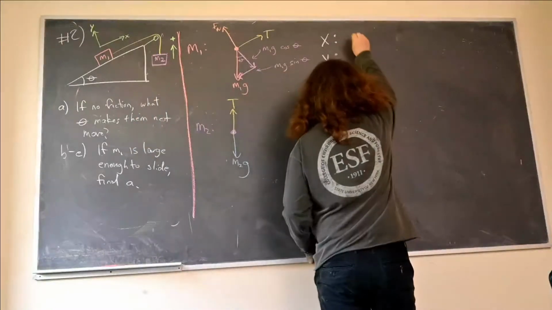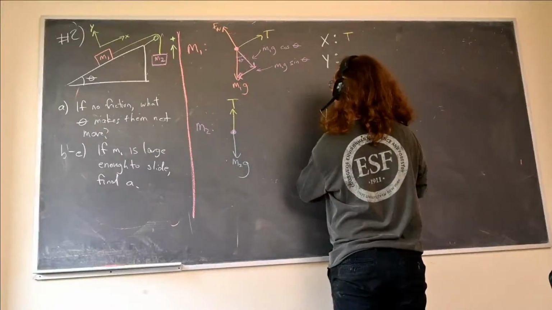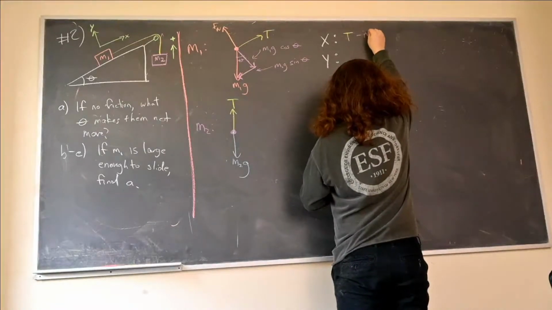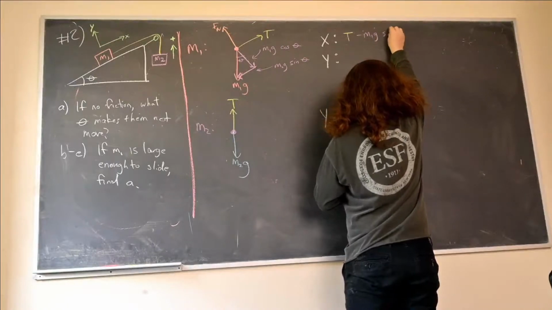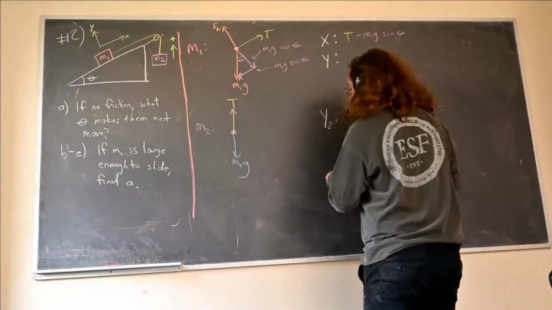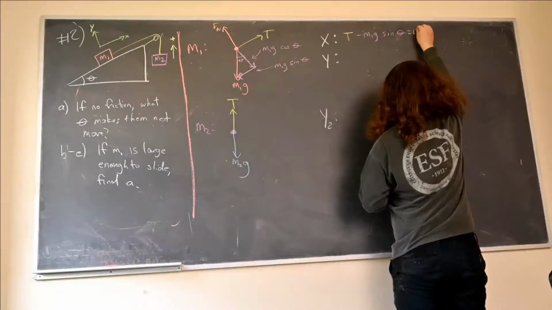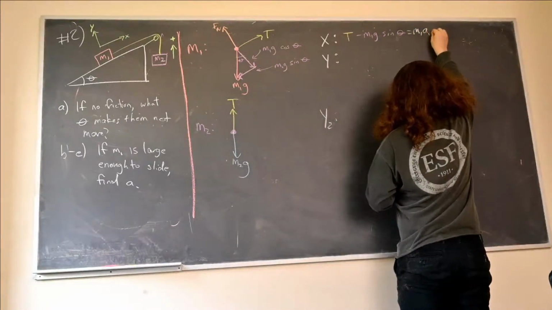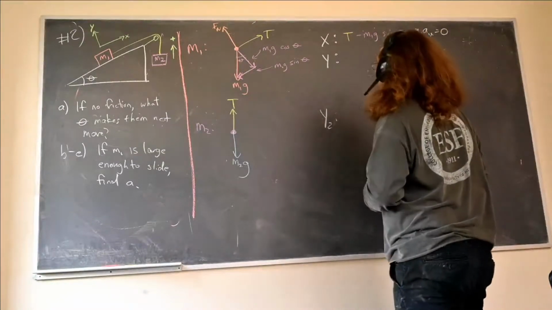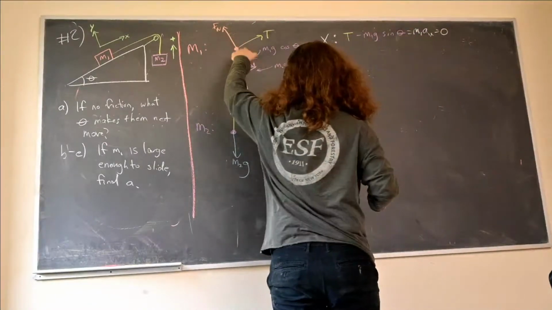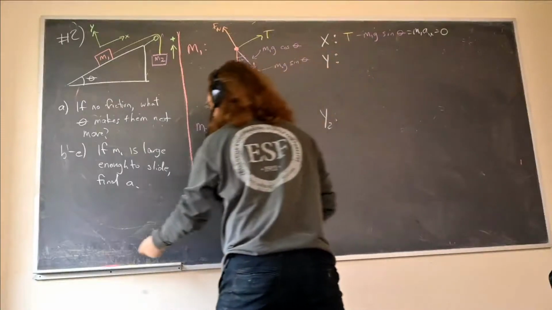So I will have T minus m1g sine theta, and it doesn't move, so this is equal to m1 a1x, which is 0. And then in the y direction, I have the normal force and m1g cosine theta.